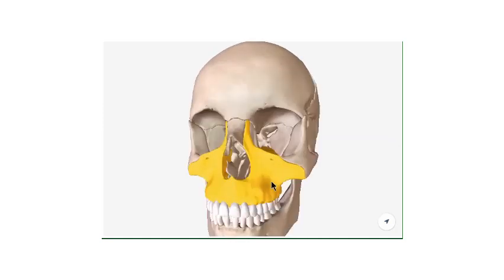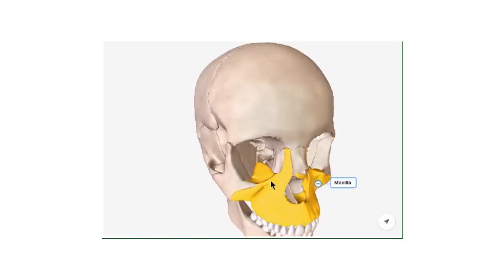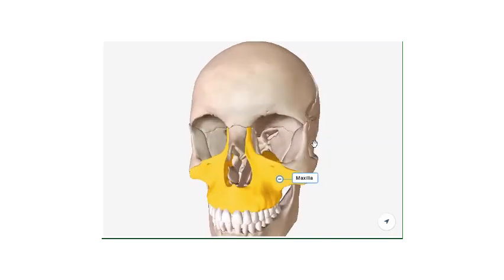Right. So highlighted here is the maxilla. So the maxilla forms the upper jaw right here, and it forms the socket for your teeth to go in as well. And you can see the maxilla actually also forms the lower floor, the inferior floor of your eye socket.